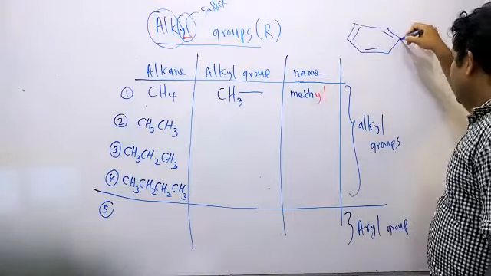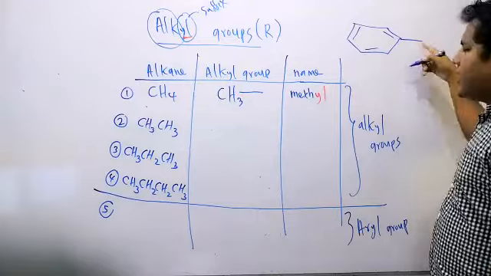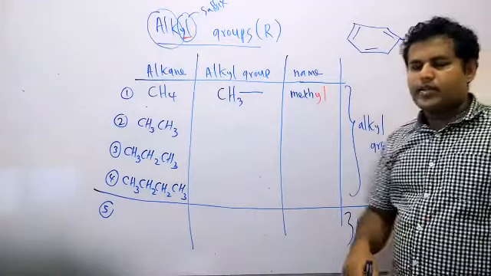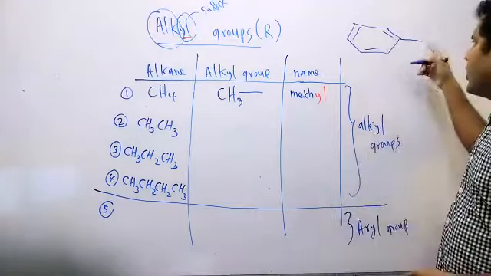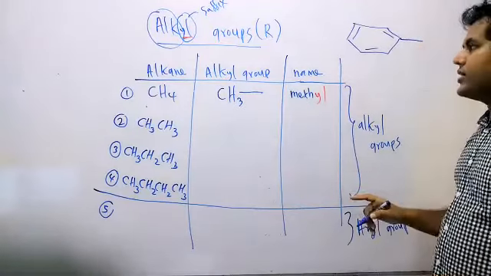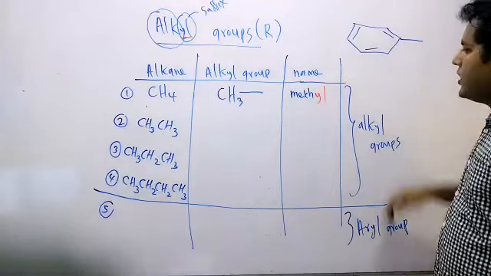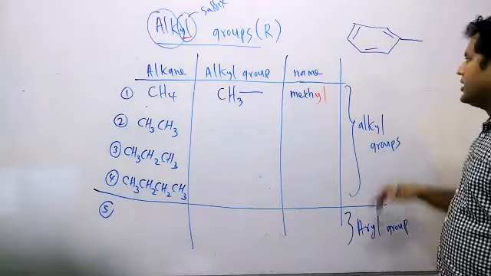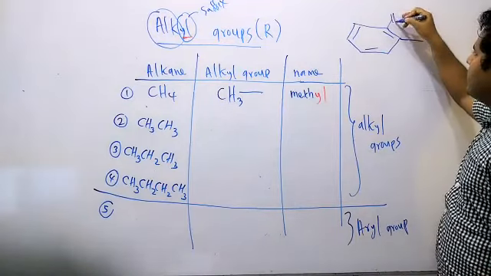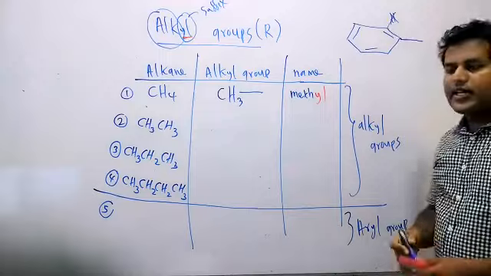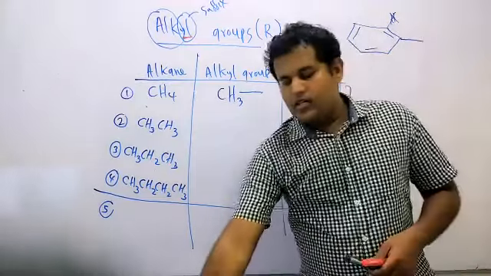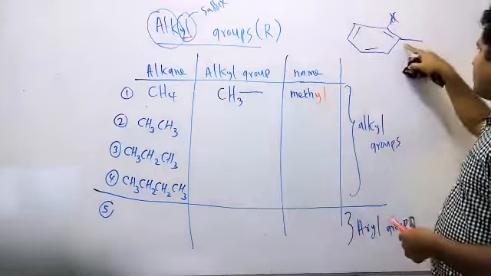If we remove one hydrogen, we can indicate it with a bond like this. If there's no hydrogen, you can indicate it with a bond like this. This suggests there's no hydrogen, and it is trying to link to another compound. When the hydrogen is skipped, you just have the bond.